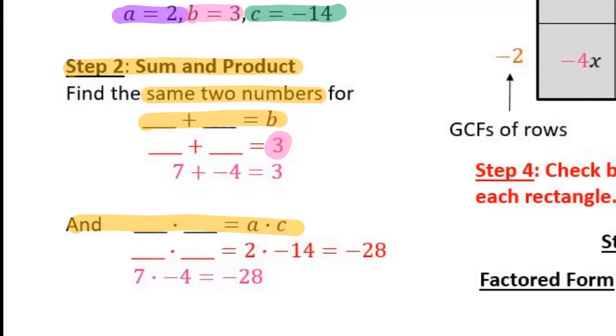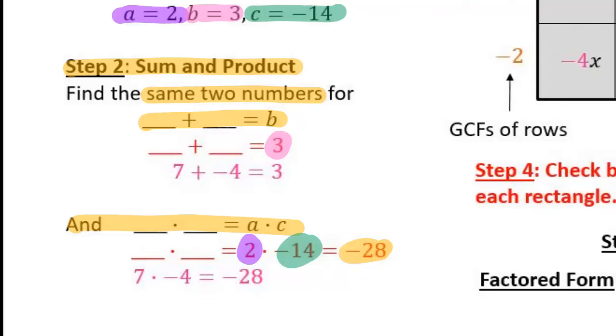The A value was 2 and the C value is negative 14. If you multiply those, you get negative 28. They have to multiply to negative 28 and add up to 3. So those 2 numbers would be 7 and a negative 4. 7 plus negative 4 gives you positive 3, and 7 times negative 4 gives you negative 28.